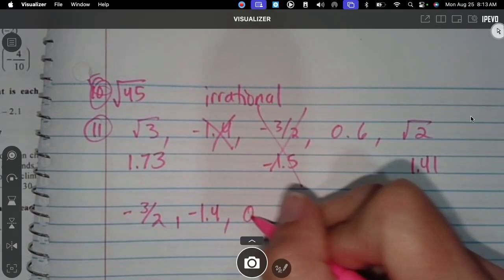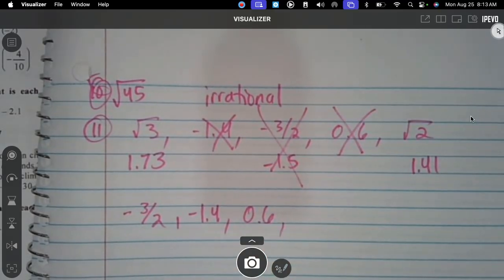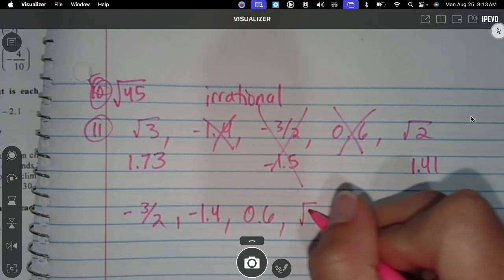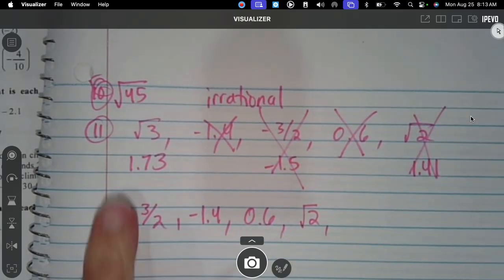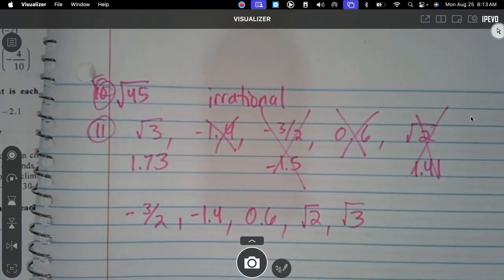The 0.6. Mark that one out. Now, which one's left to be the smallest out of these two? 1.41. So I'm going to do square root of 2. And then the last one that's left, it must be the biggest, square root of 3. So that's the order from least to greatest. We're good? Yep. Okay. We've done all these over and over again.